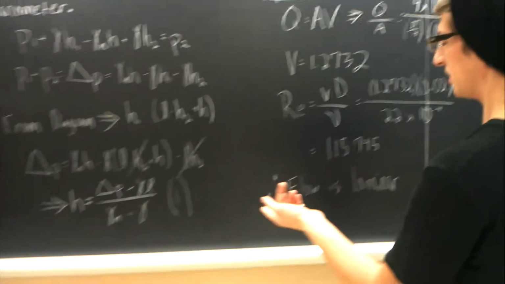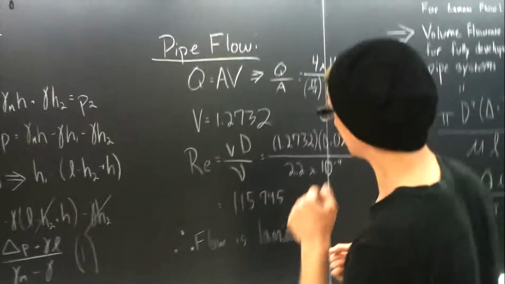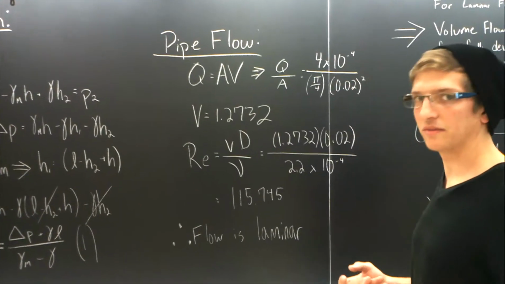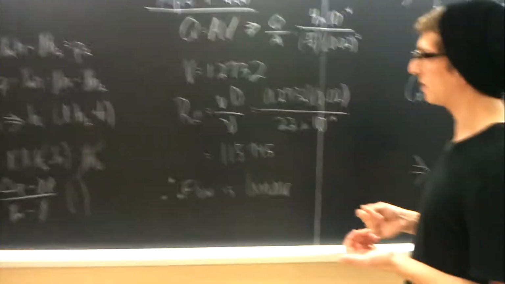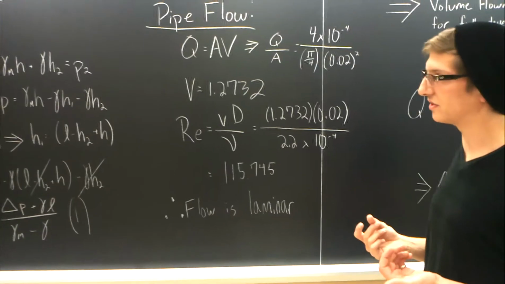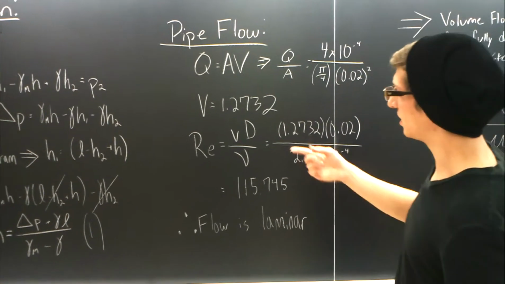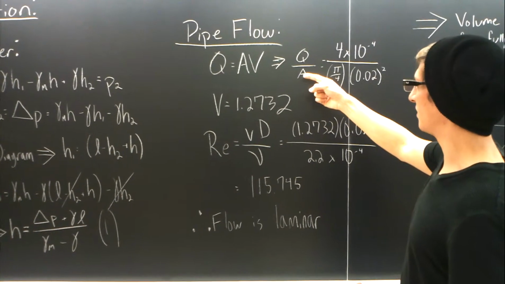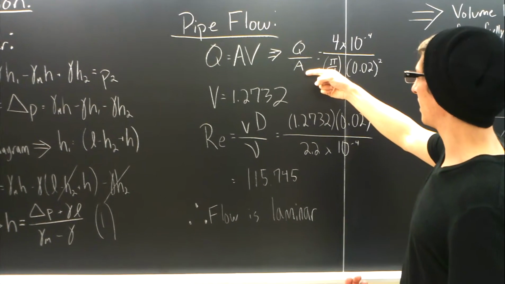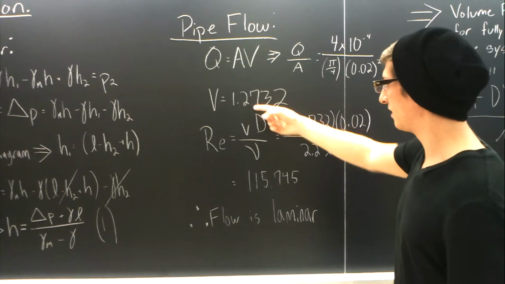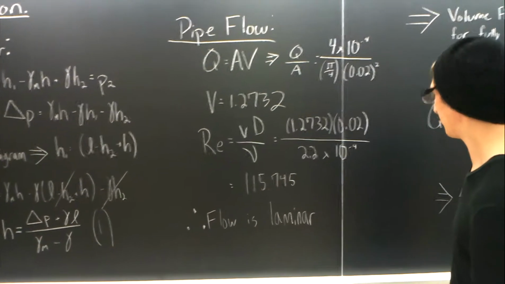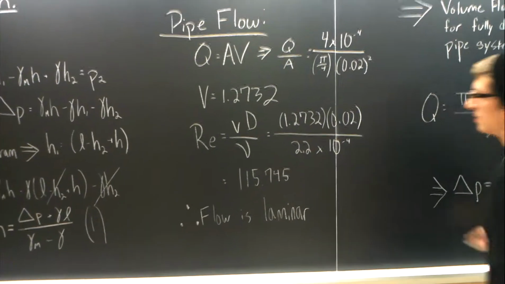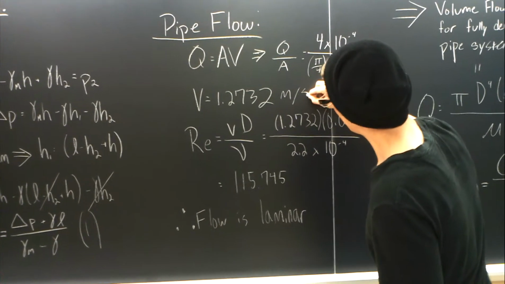And from there, we know you need delta P, which you can find using pipe flow equations. So first thing we do in pipe flow is we want to figure out the Reynolds number. And to do that, we need to figure out the velocity of the flow. And we're given the flow rate Q. So flow rate Q is equal to area times velocity. Rearrange to find velocity equals Q over area, finding that velocity equals 1.2732 meters per second.